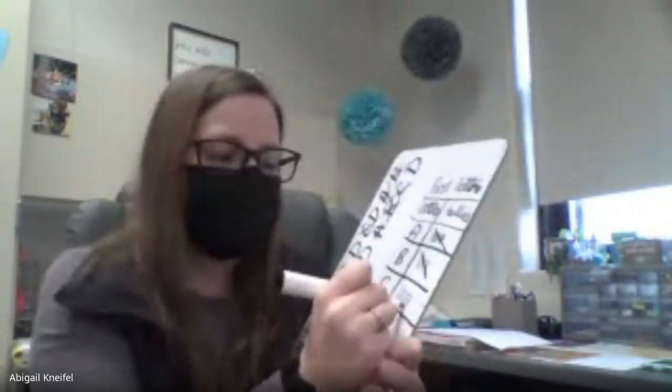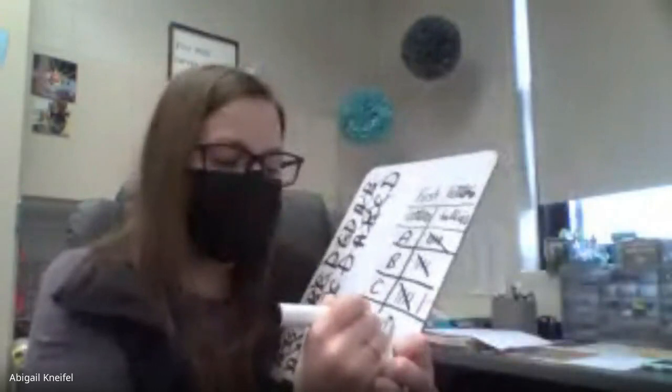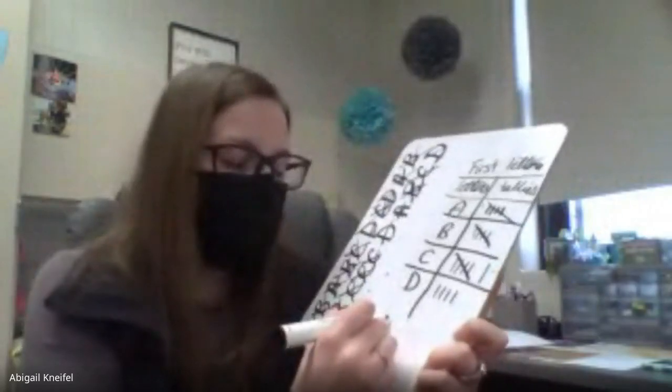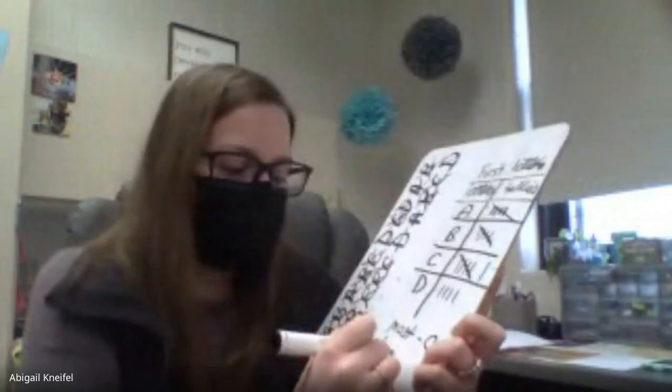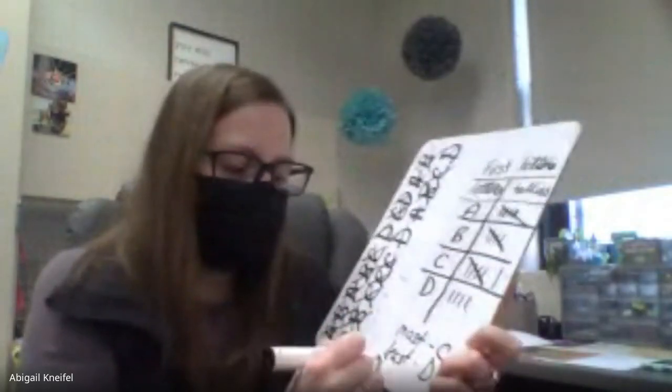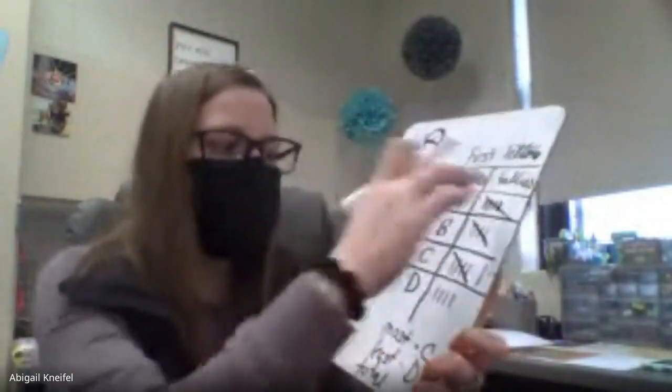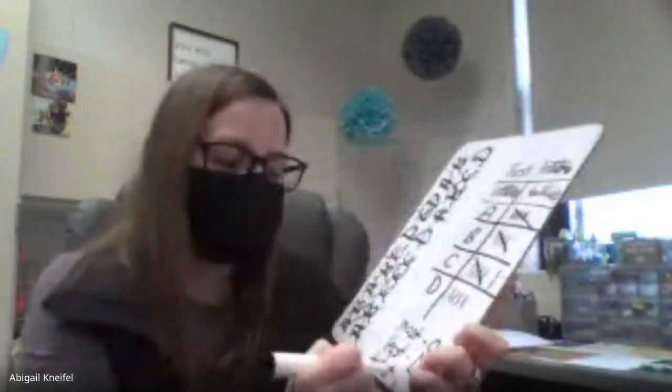And then D's. There's 1, 2, 3, 4. So the most was C, least was D, and total was 20. Let me see your boards.